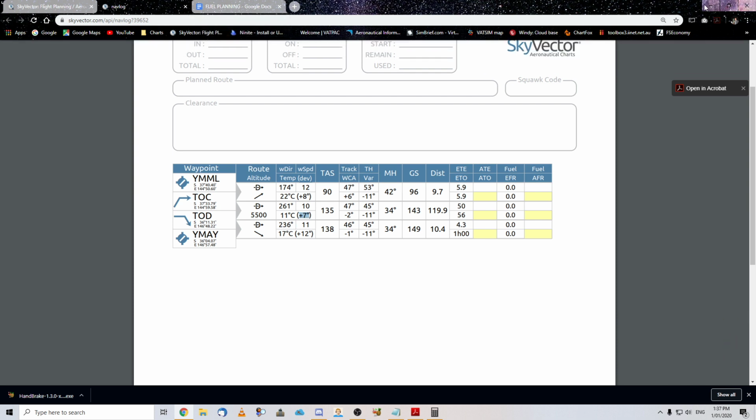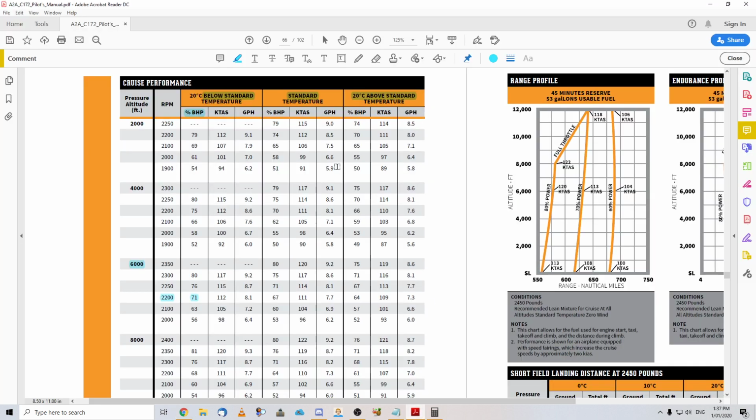So with that in mind, this is ISA plus 20, and this is ISA minus 20. We've got plus 7. Okay, so what do we do? We can do the really long-winded way, extrapolating. Say if we decided to use this particular horsepower, 71% or 2,200 revs, really.